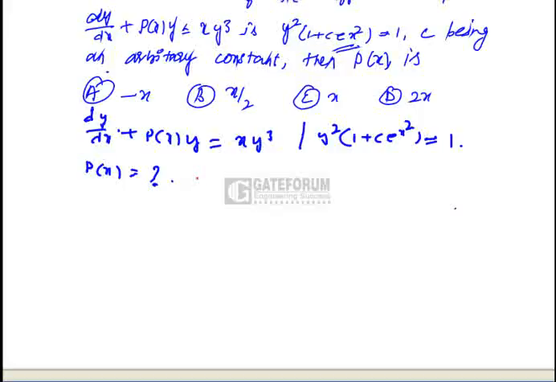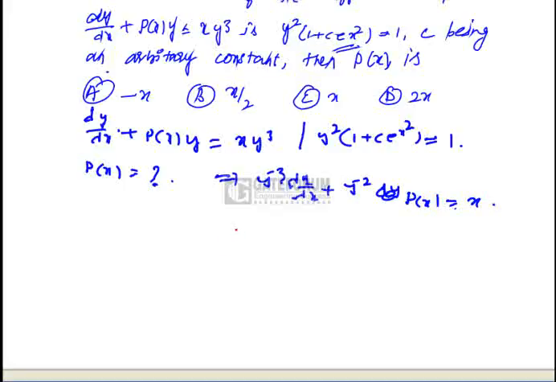In order to convert that, we divide the given differential equation by y³. If we divide by y³, we obtain y^(−3) dy/dx + y^(−2) p(x) = x.